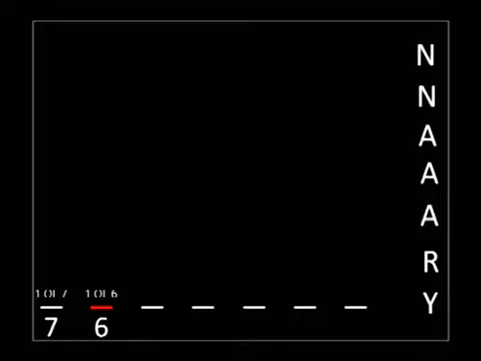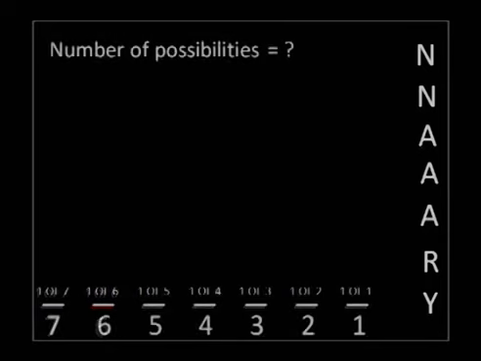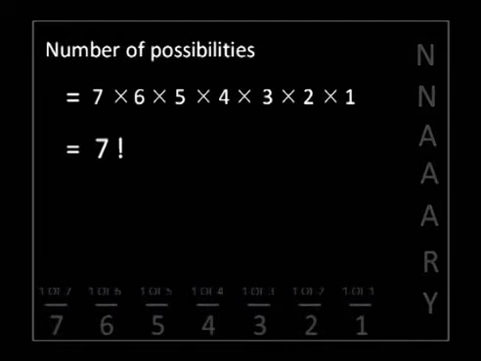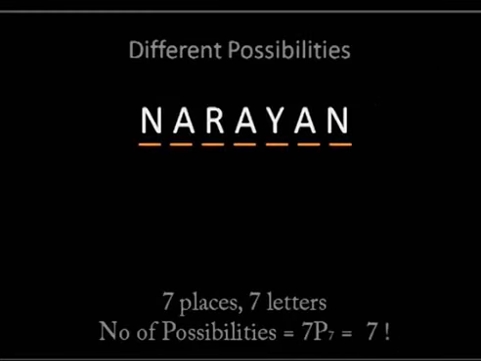Consequently, the next will be filled by 5 and 4 and 3 and 2 and 1. So in all we have 7 factorial possibilities. So at this point of time, we feel that there are 7 factorial different possible ways in which these 7 letters can be arranged to form a word.